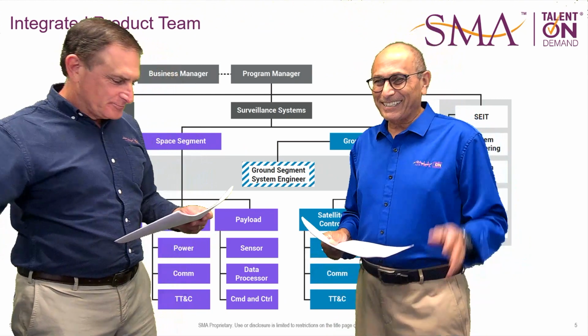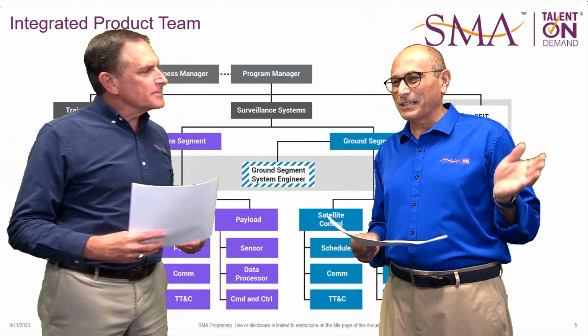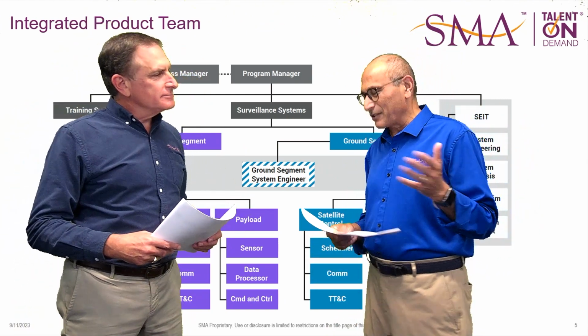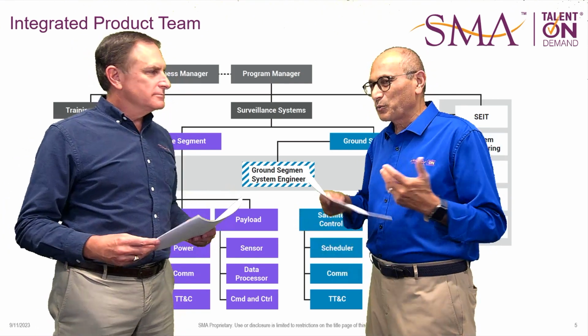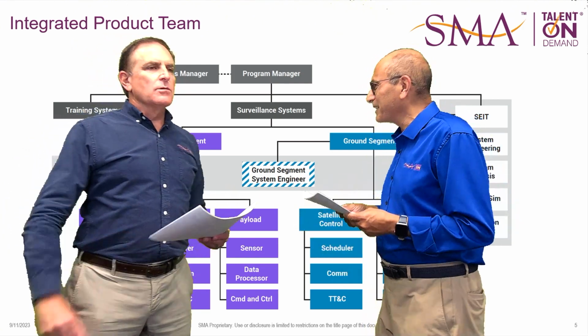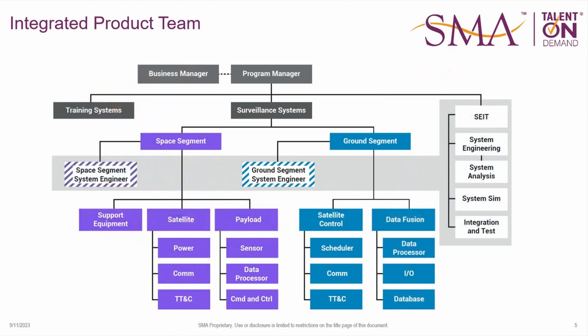All right, now, Jacque, in part one we talked about how critical IPTs or integrated product teams are. Can you just tell us what is an IPT? So, most people think of an OBS as an organizational structure or a product breakdown structure, right? But an integrated product team is a way of organizing your workforce based upon the products that you're going to develop.